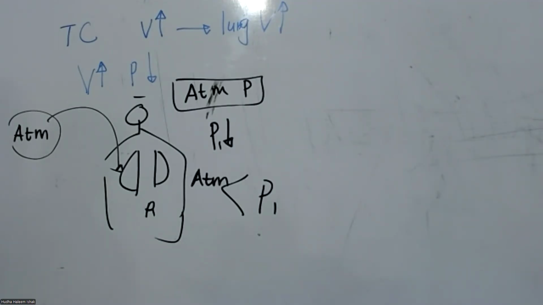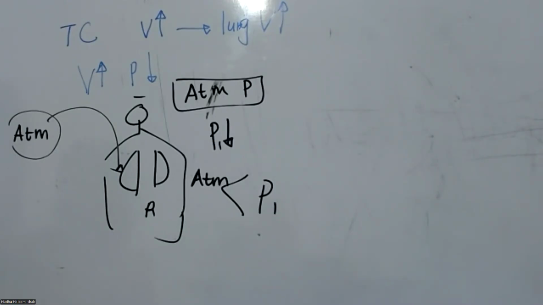Now let's move to the exhalation. Exhalation is passive or active? It is exactly the opposite of inhalation. If you understand inhalation, exhalation is easy peasy. Okay, in inhalation, the ribs contracted, the diaphragm contracted, the intercostal muscles contracted. So what would happen in the exhalation process?